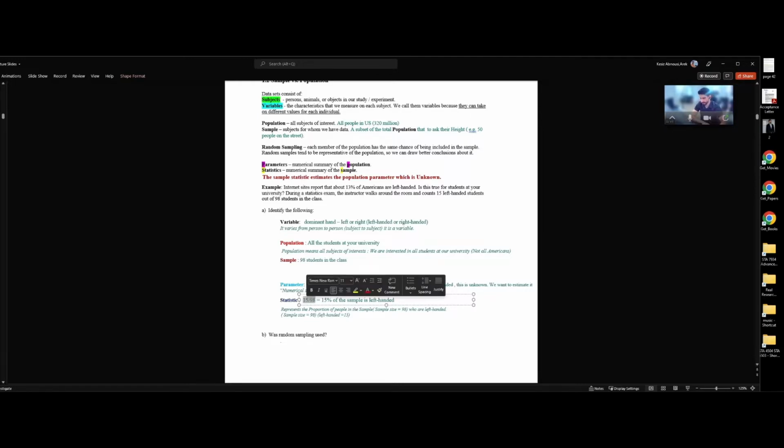This is what we are interested in because of the question, right? And the 98 contains the 15 left-handed plus the right-handed, right? So this is the equation of proportion. So 15% of the sample is left-handed.